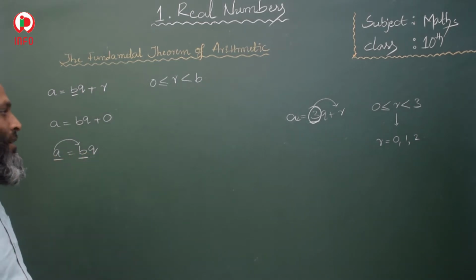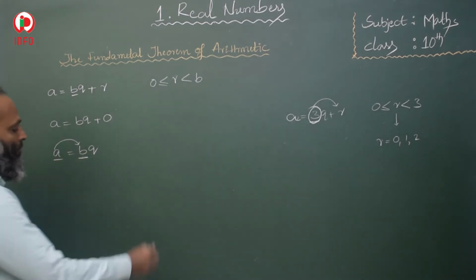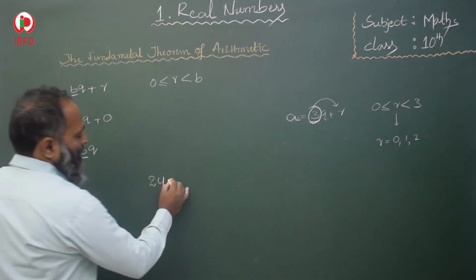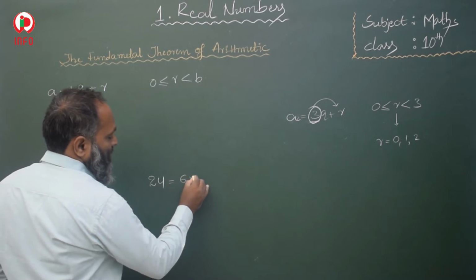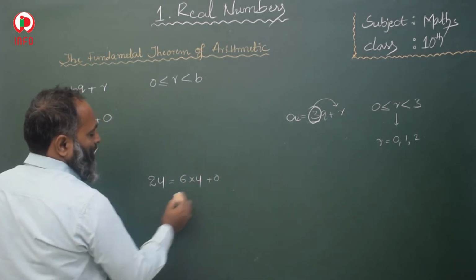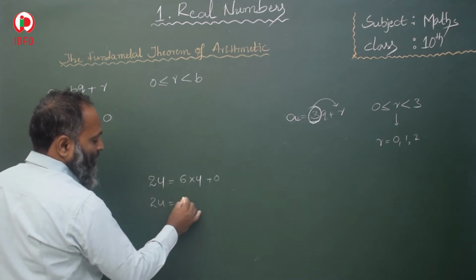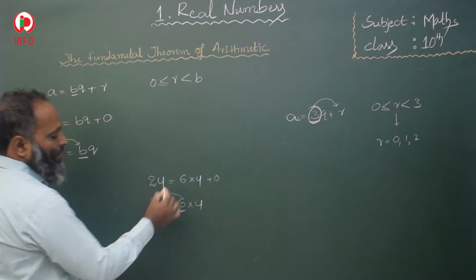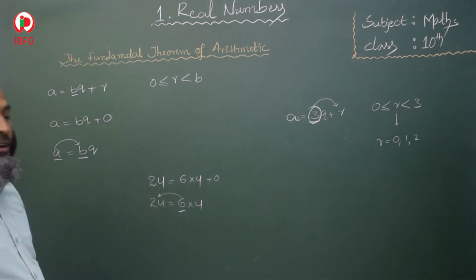How is it a factor? Suppose you take 24. 6 fours are 24, and the remainder is 0, so 24 is equal to 6 into 4. 6 is a factor of 24.